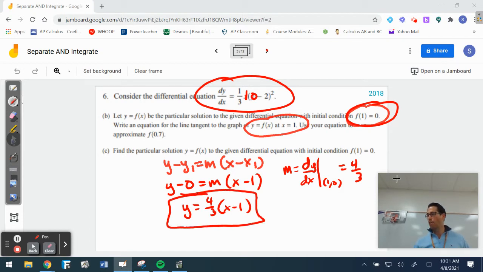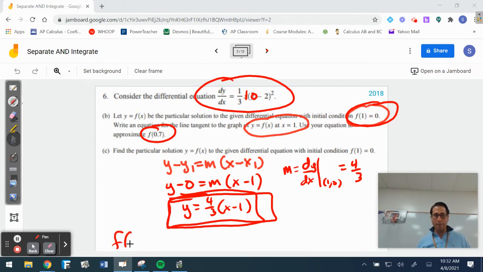Now I'm looking at my grading here. You would have got 2 points for getting the slope field correct, the line above and the curve below, a point apiece. For this one here, you would have got 1 point, so that's 3 points now. And then they ask me to approximate f of 0.7.